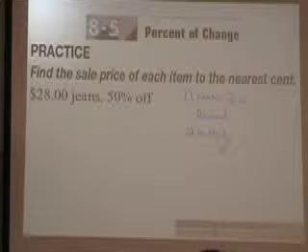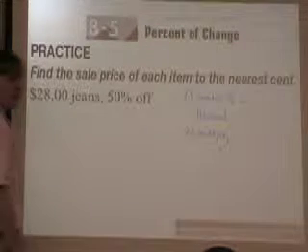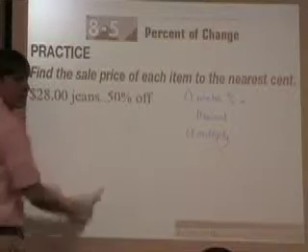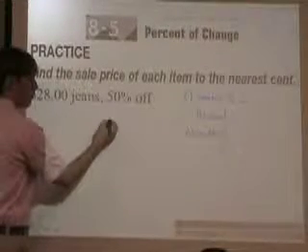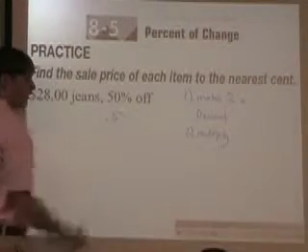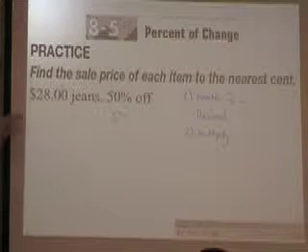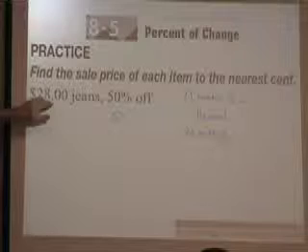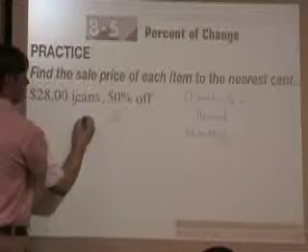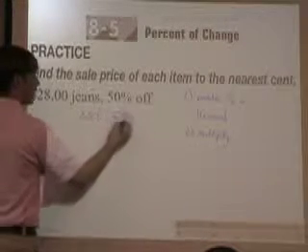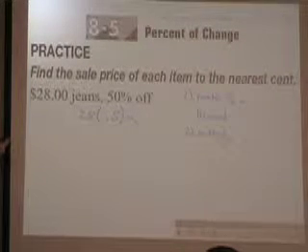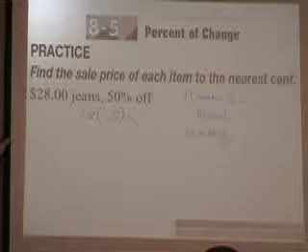So the first step is to make 50% a decimal. Raven, what's 50% as a decimal? 0.5. Yeah, 0.50, 0.5, same thing. Now we need to multiply, because that's our second step. 28 times 0.5, and tell me what you get. $14.